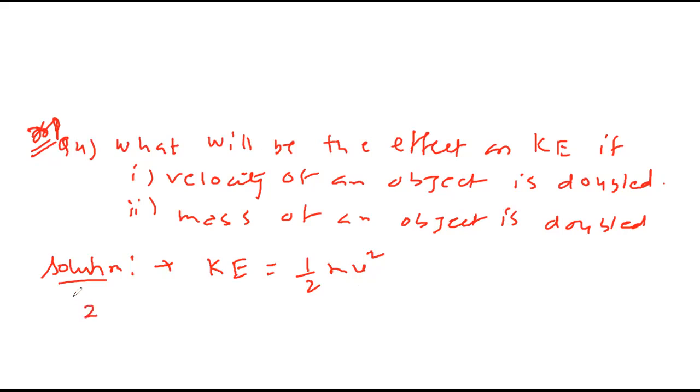When v becomes 2v, when you square it, it becomes 4v square. So when velocity is doubled, kinetic energy becomes 4 times. Half m 4v square.